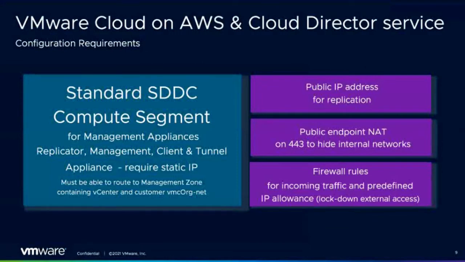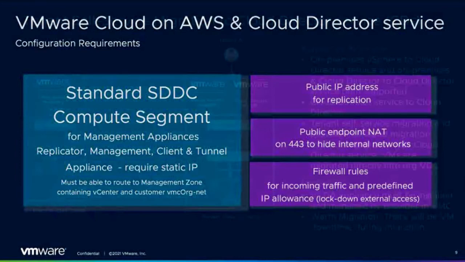There should be a public IP address for the tunnel endpoint, and some firewall rules and NAT rules that are configured. And I'm going to show the whole configuration during the demo. And of course, we have all this well documented in the official documentation. We have also released a public white paper on it, and we have a video on the Cloud Director Availability YouTube channel where you can see all the technical details about the process.